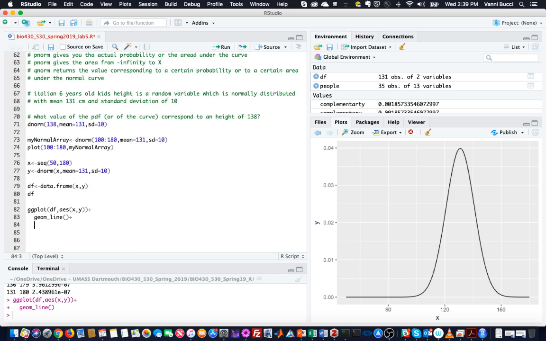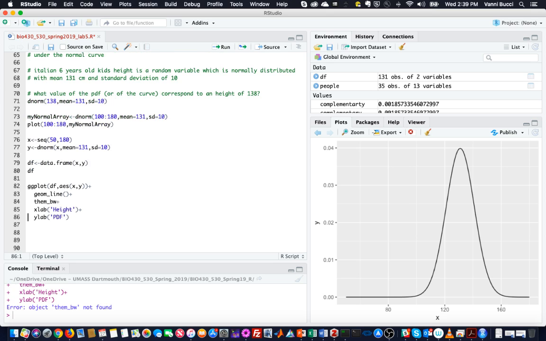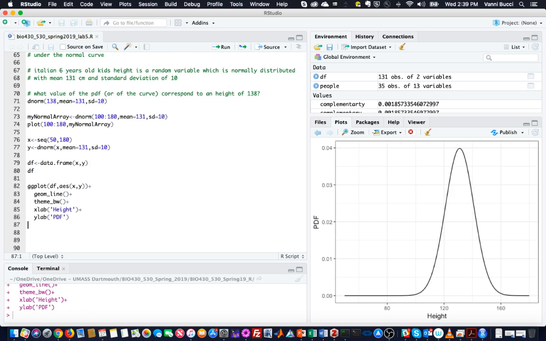You can add plus theme_bw, plus you can say xlab height, ylab PDF, theme_bw. Okay, great. Now let me add here for your reference that this is using ggplot.